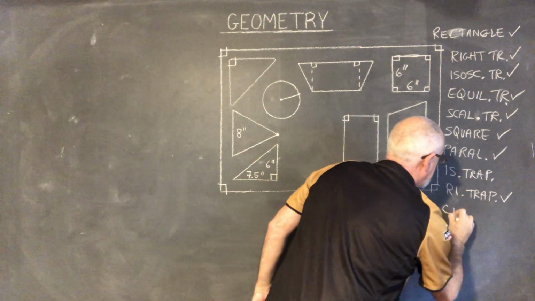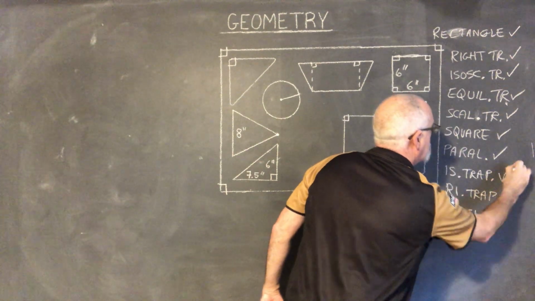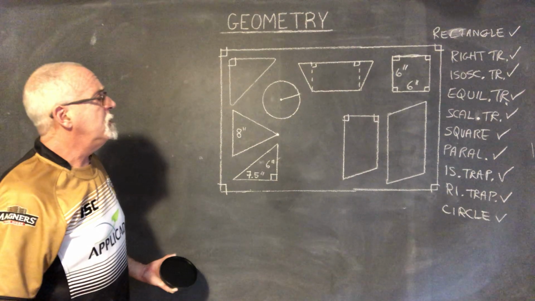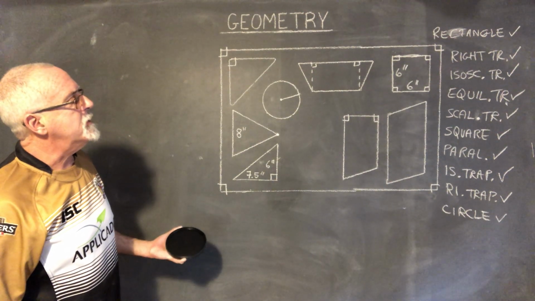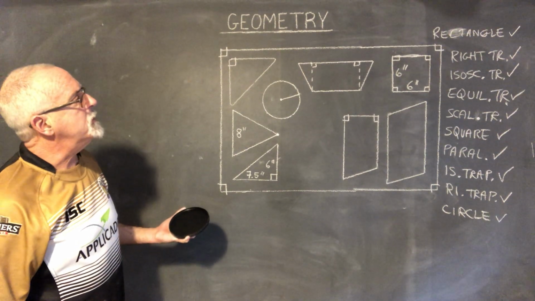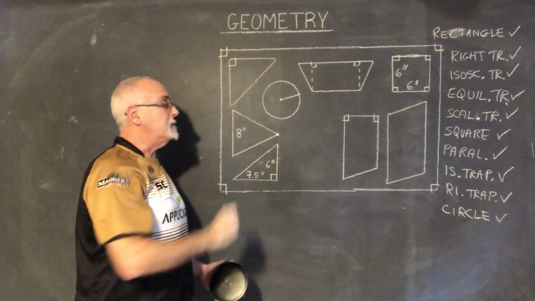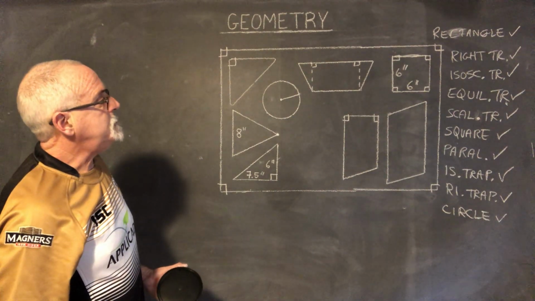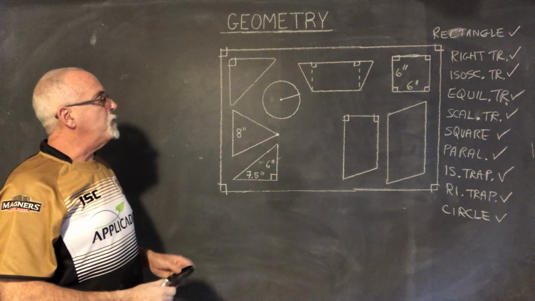Circle. Check. And isosceles trapezoid, check. Have I done everything? Square, rectangle, parallelogram, 2 types of trapezoid, 4 types of triangle that are covered by 3 triangles. Circle. That's it. I think that's all the shapes that we've been working with.